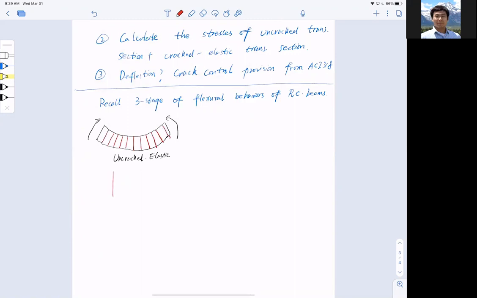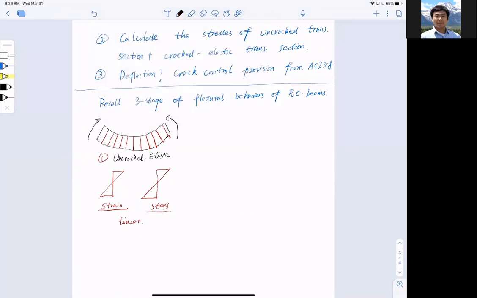So the strain diagram looks like this, and the stress diagram looks like this, very linear-like. This is called the uncracked elastic stage. Everything's linear up to this point. Let me call it number one, uncracked elastic.